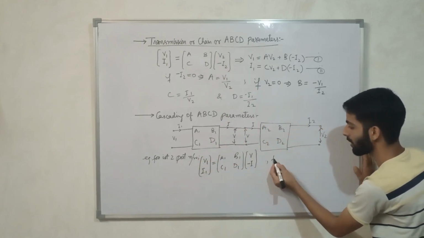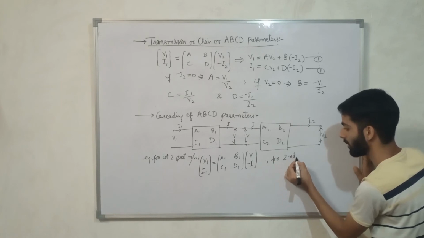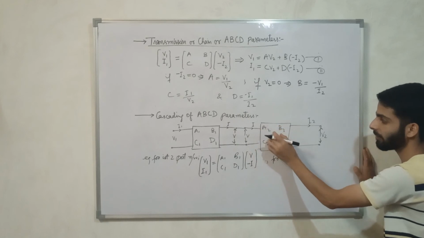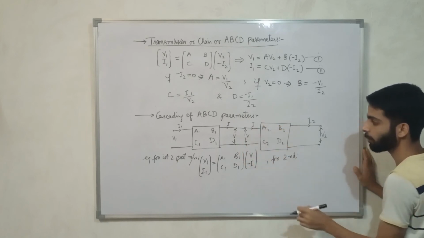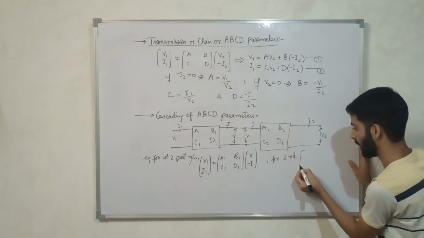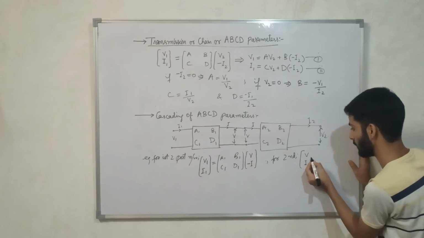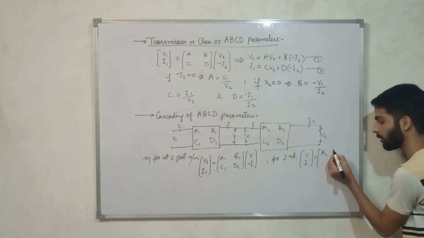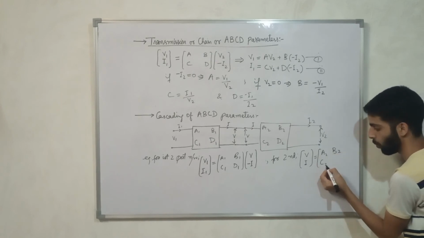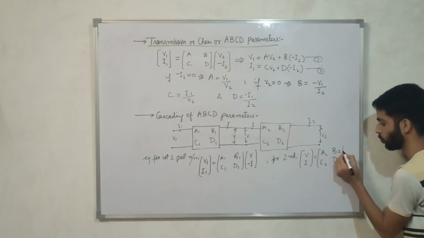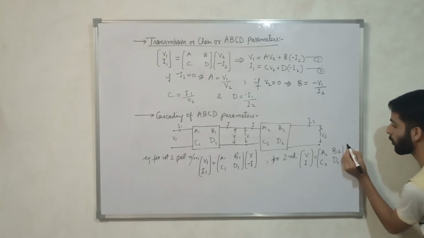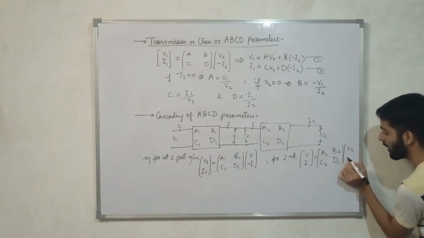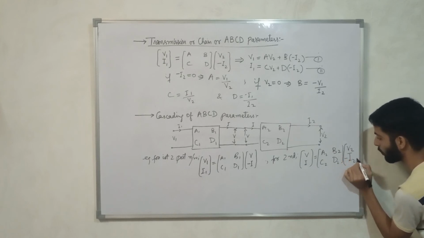For the second, this will become the input for the second one, because V and I are the inputs for the second one. Okay, this will become [V, I] equal to [A2 B2; C2 D2] and the output will be [V2, minus I2].